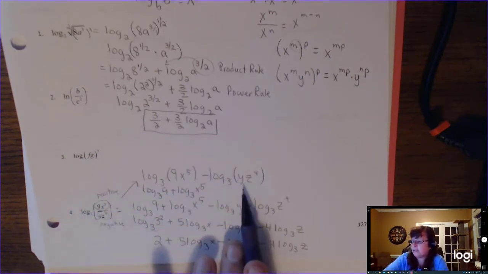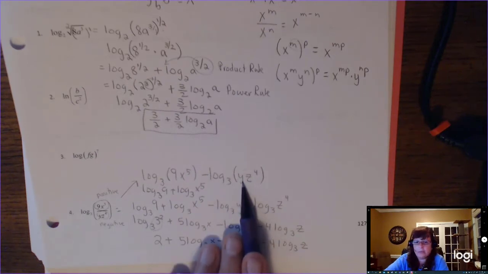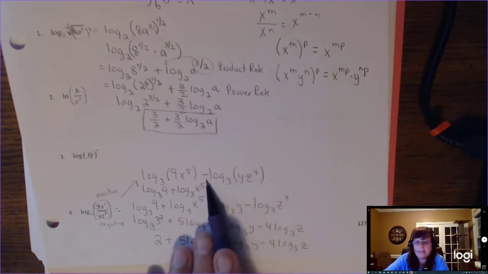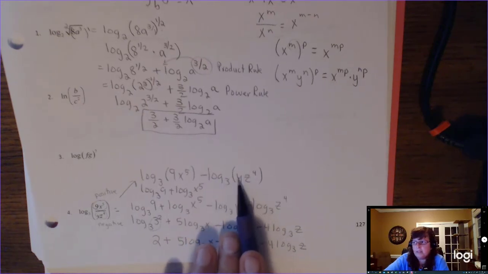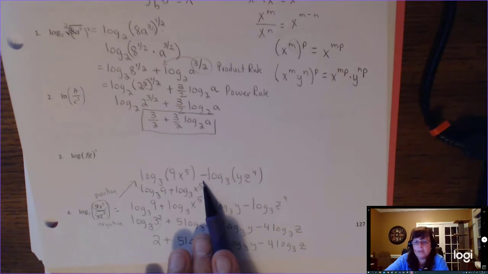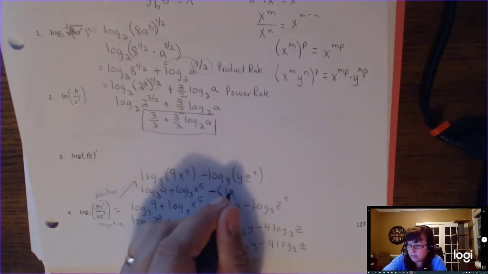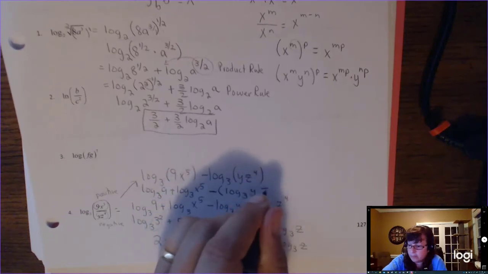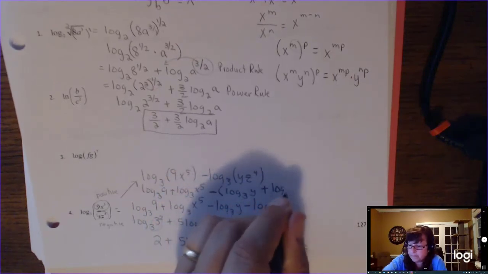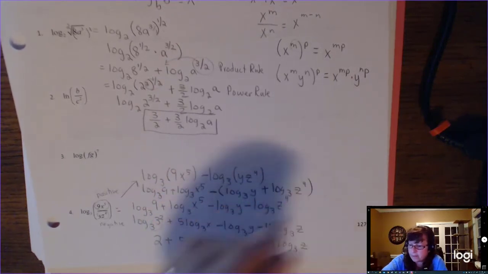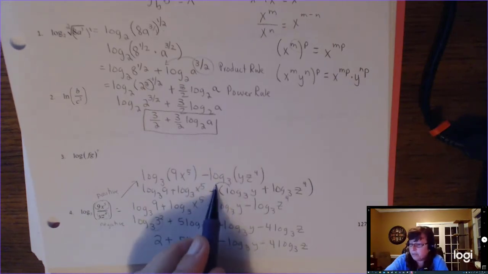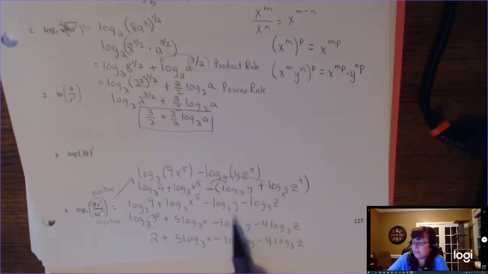Now here's where it gets tricky. This is the product rule. But see that minus? It's the same issue that we have with minus all the time. If we split this into the product rule, it's going to become 2 logs. Well, who does that minus belong to? It's going to have to belong to both of them. You got to use parentheses. So minus, now we'll use the product rule, plus. And then we're going to have to distribute the negative, and that's why that works.